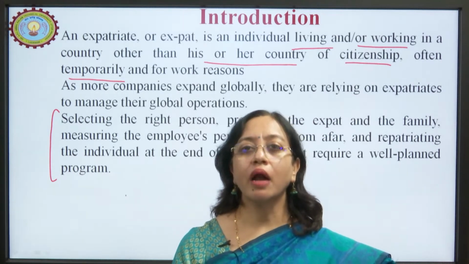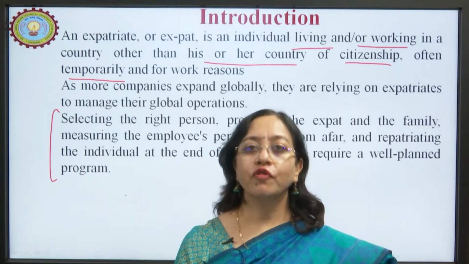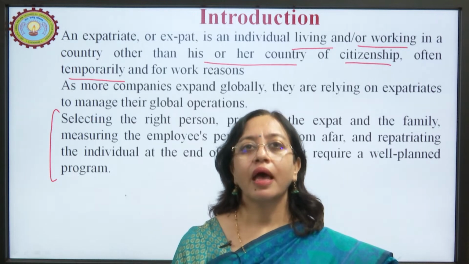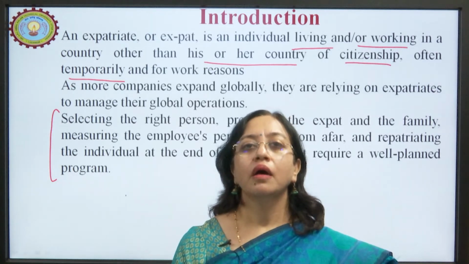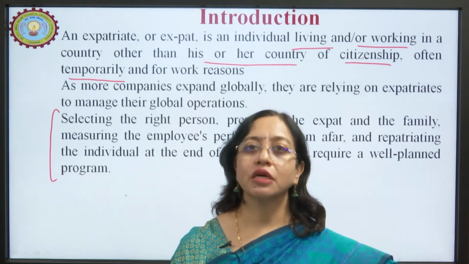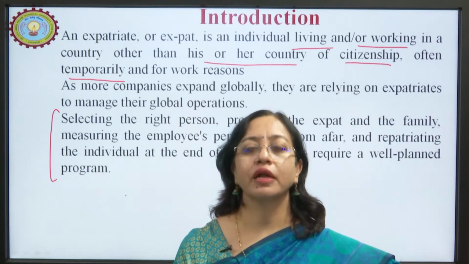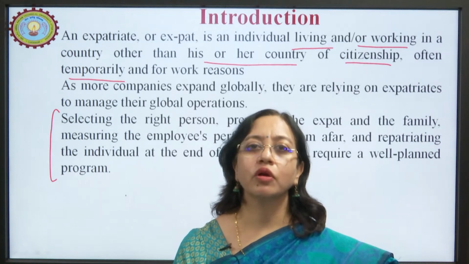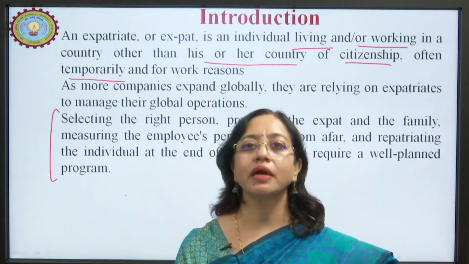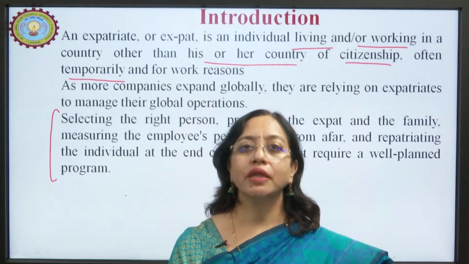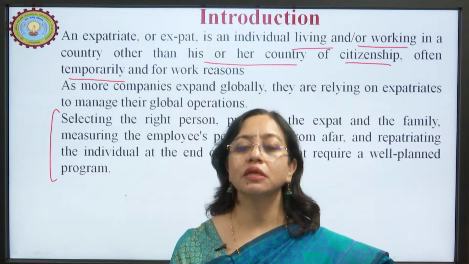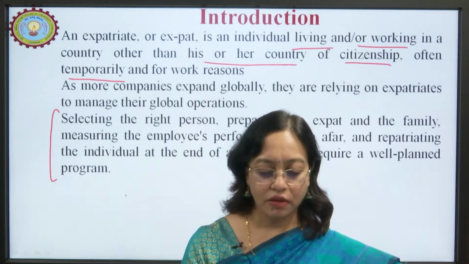Because you require proper planning before sending people to the foreign assignment, and then you must manage their performance from such a long distance. And obviously when the assignment is over, because it is generally temporary in nature, how will you bring back that person? That also has to be planned.